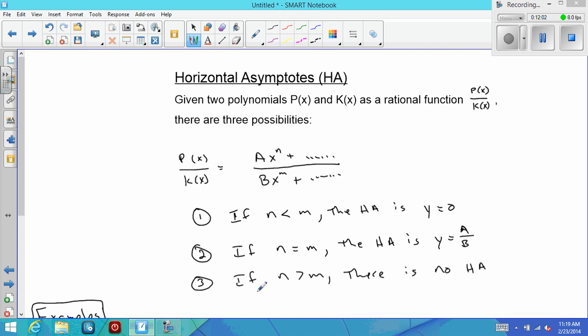The third possibility, if the n value is greater than m, so the top is greater than the bottom, there are no horizontal asymptotes. So three situations. The top is less than the bottom, so n is less than m, that's y equals 0. When they are equal, we just look at the numbers out in front, the coefficients, and put into a fraction, a over b. And finally, if the top is larger than the bottom, we have no horizontal asymptotes.